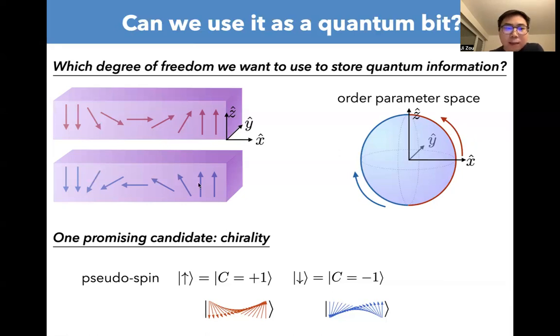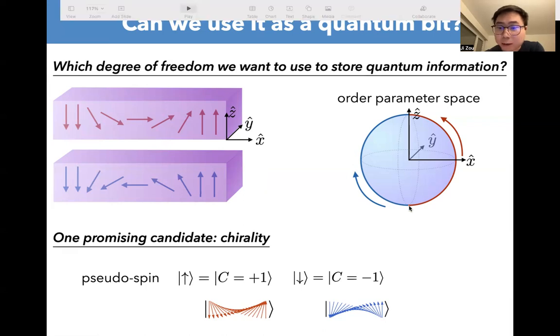And another way to smoothly connect these two domains is to rotate also from down to up, but now clockwise, as we sketched in this lower case. And of course, we can also move all the spins onto this spin space, right? Now, this would give us this blue trajectory.